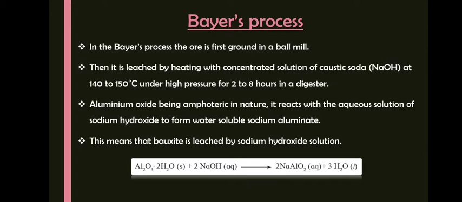Followed? What you are doing is, the ore is ground, then it is leached by heating concentrated solution of sodium hydroxide at high temperature and high pressure in a digester for about 2 to 8 hours.